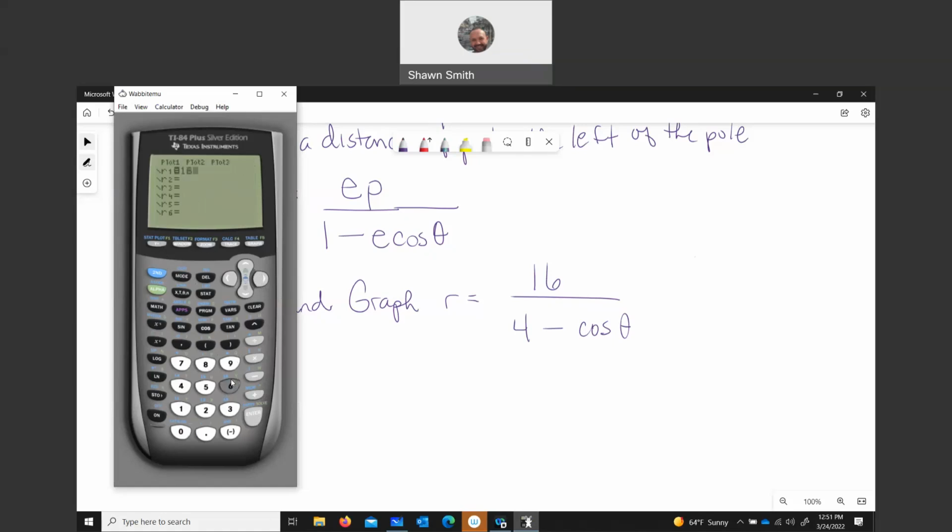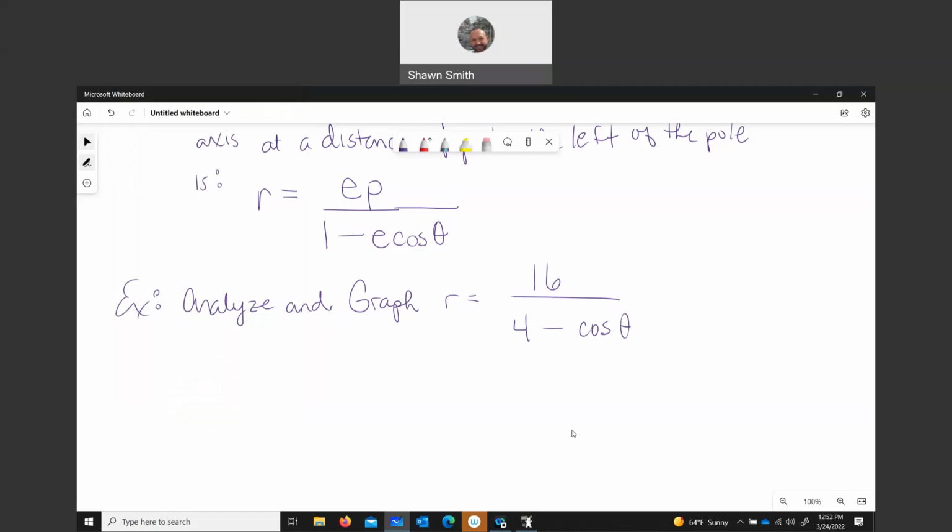So if I just do 16 divided by parentheses 4 minus cosine of theta, and then hit graph, see an ellipse, right? Keep your mode in radians right now. You can see everything pretty good for a polar equation.